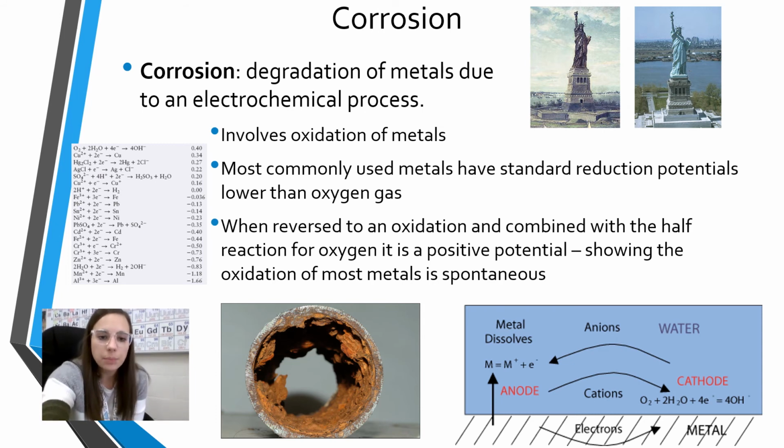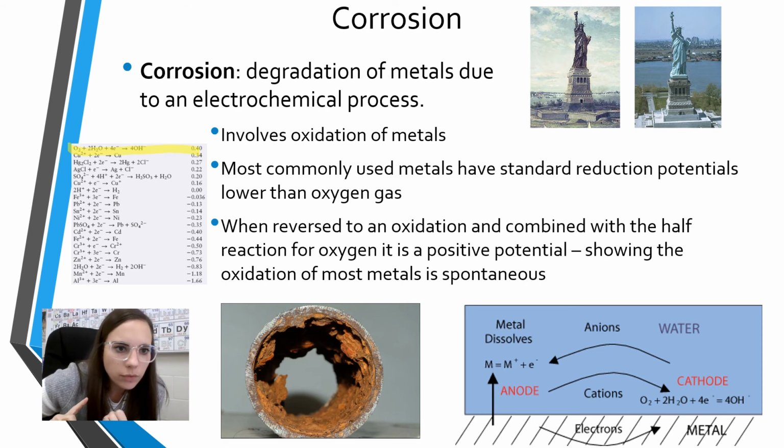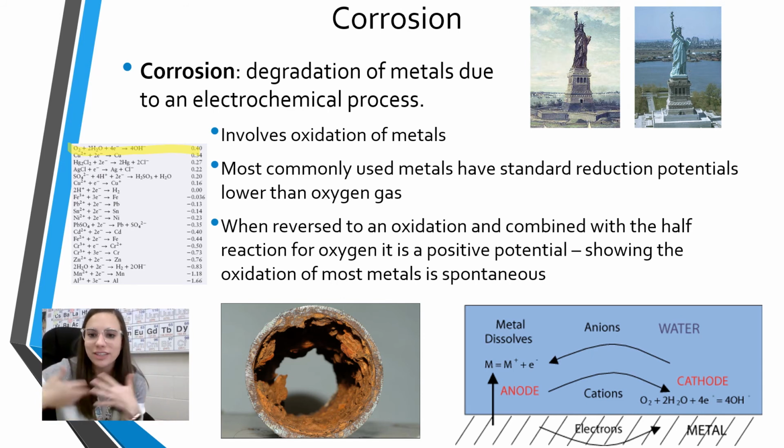very top is oxygen. And so if you notice below that, I'm going to point out a few. We've got copper, lead, iron, tin, nickel, zinc, aluminum. Those are all those metals that you are familiar with because we make lots of materials out of them.